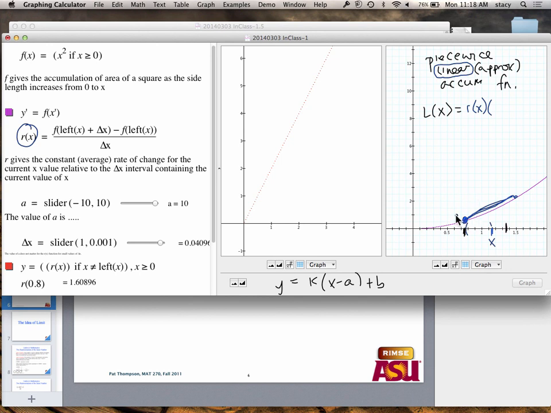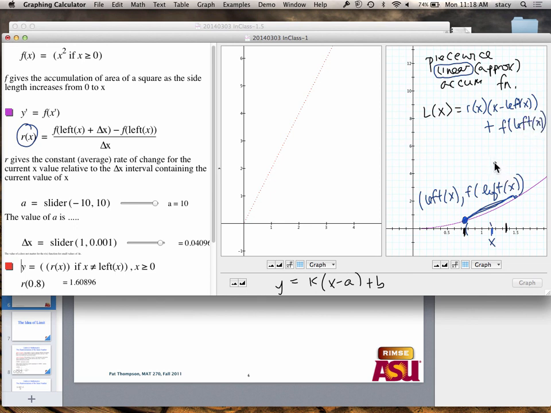Left of x. So this point is left of x, comma, f of left of x. Here's my starting x value, and here's my current x value. So the change in x is x minus left of x, and then I have to add to that my starting value of y, which was f of left of x.